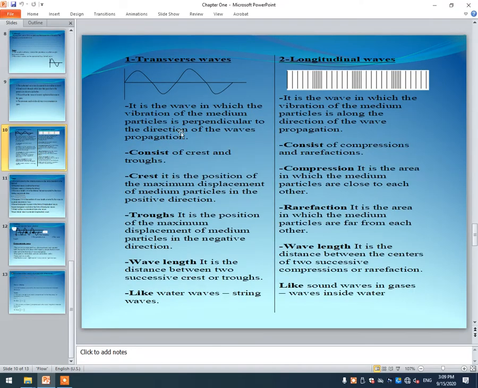Now let us move to discuss together a very important, very critical part, which is the difference between the transverse wave and the longitudinal wave.